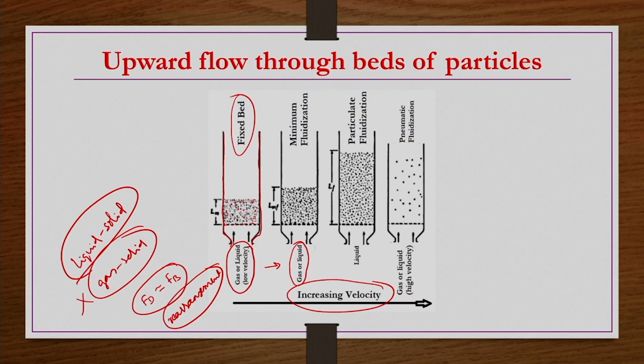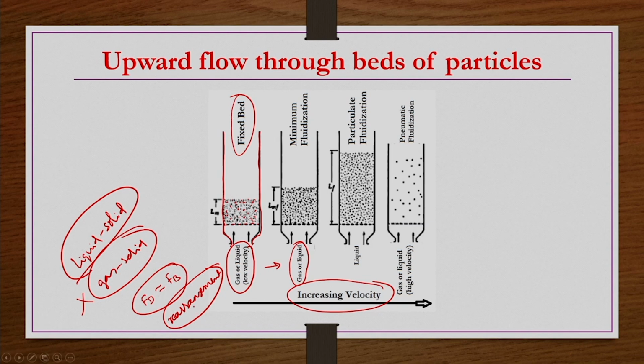As the velocity increases slightly, there is a slight rearrangement of the particles, and they change their locations slightly. That occurs when the velocity is such that the drag on the particles is balanced by their buoyant weight.